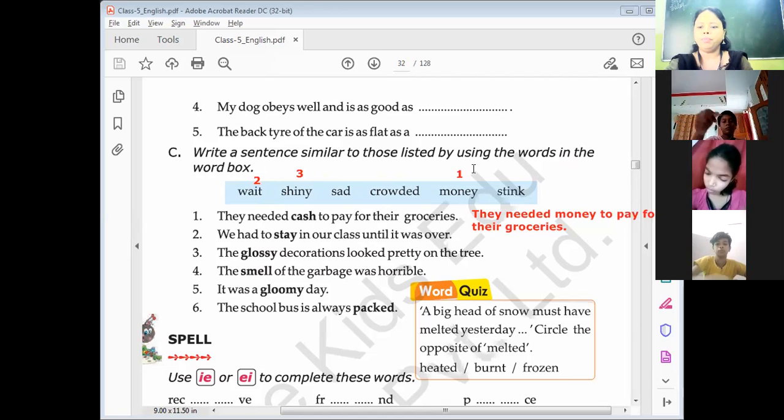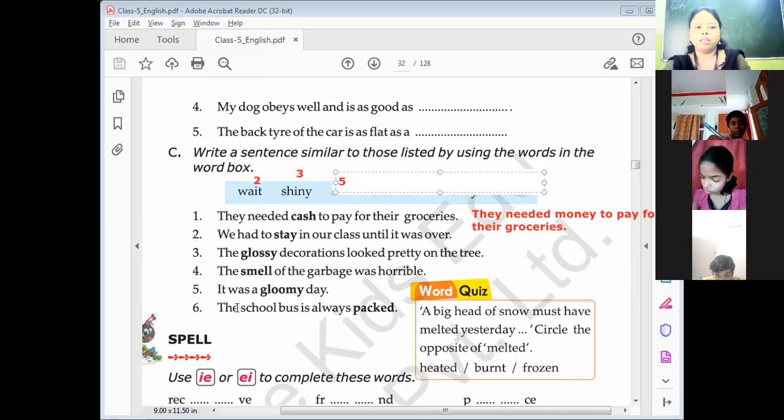So you can say number 4, sting. Okay, the 5th is, it was a gloomy day. Gloomy day means sad day. The school bus is always packed, that means crowded.